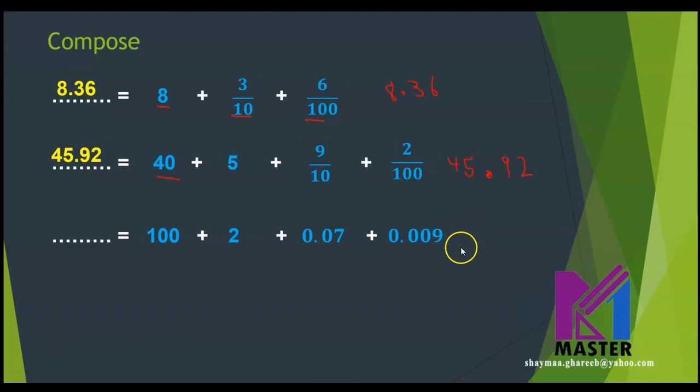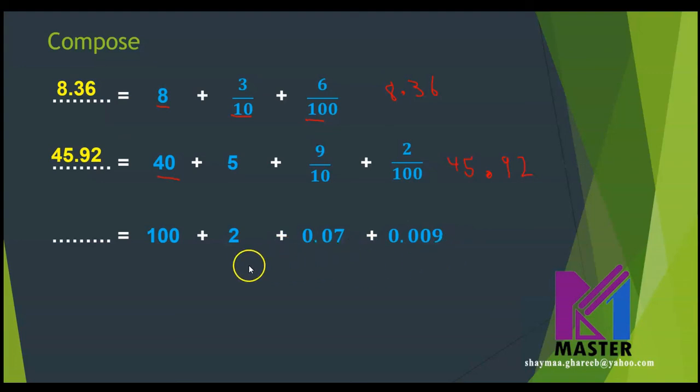So if I want to write this as a decimal number or to compose this number, I will write the one. It will be 102 point. What to put in the first place, which is the tenths? Do I have any tenths? No. So it will be 0.